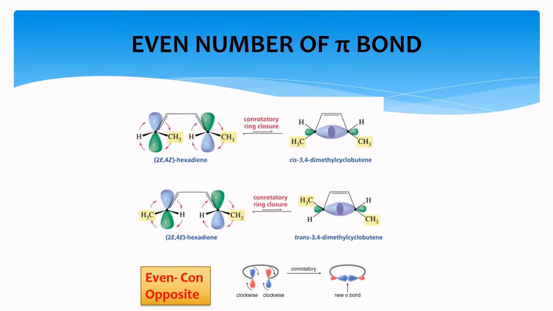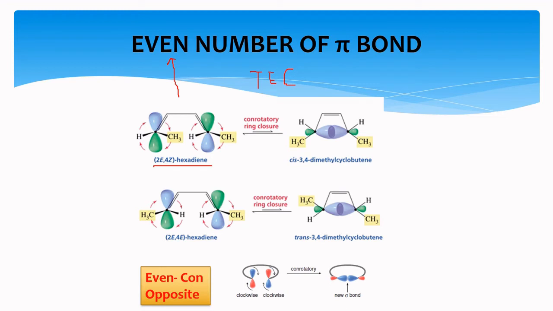Okay, now let's take a look at an even number of pi bonds. For example, this is 2E,4Z-hexadiene, where you have 2 double bonds here. Because it is 2 double bonds, it is even. So if it is even, and it is a thermal reaction, it will undergo conrotatory fashion.